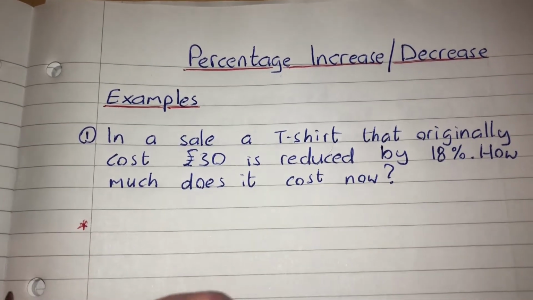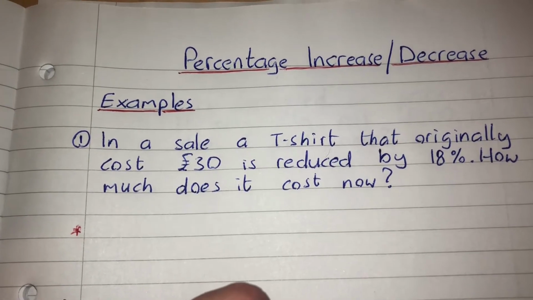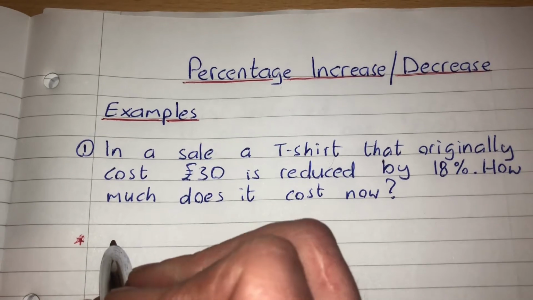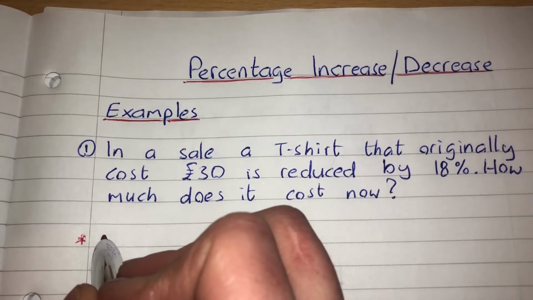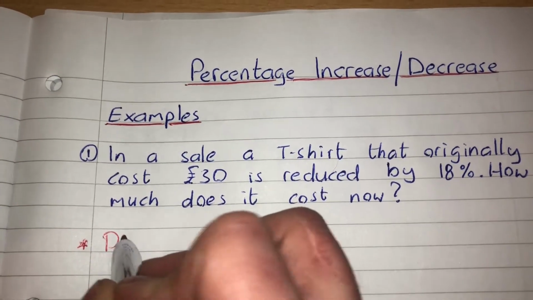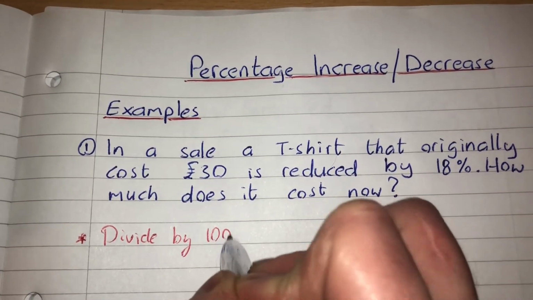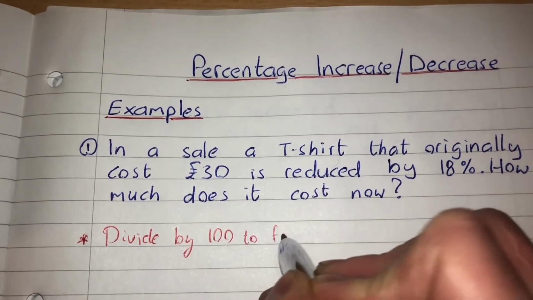So if you remember from our last video where we looked at how we find a percentage of an amount, if we want to find 18%, well, first of all, we take the original amount and we divide by 100 to find 1%.